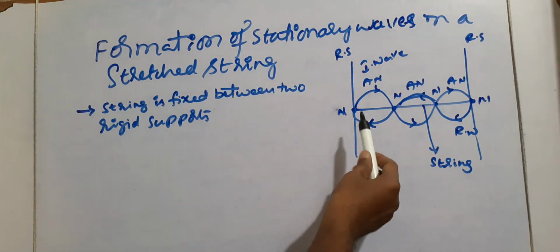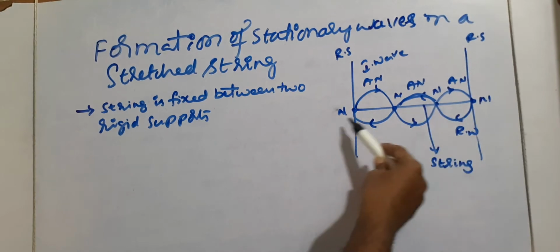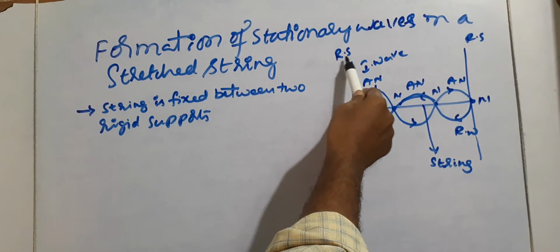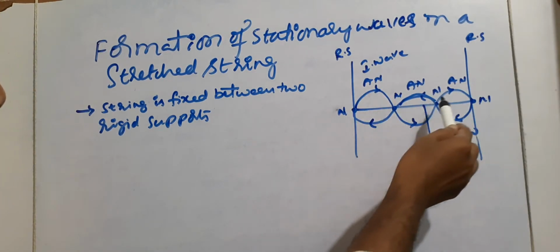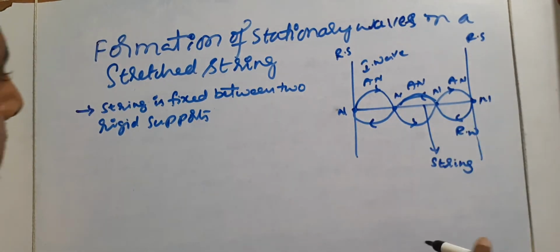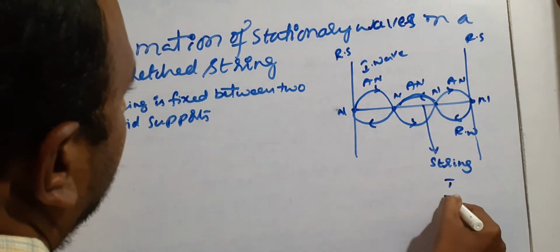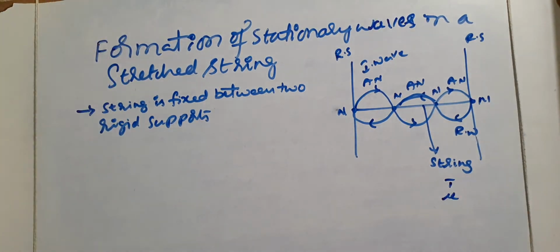So consider a string which is fixed between two rigid supports, rigid support 1 and rigid support 2. It is fixed with a tension T and linear density mu.